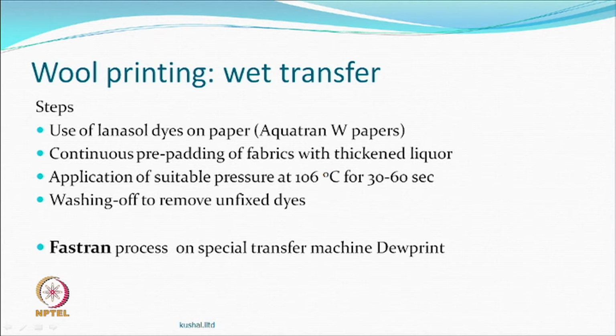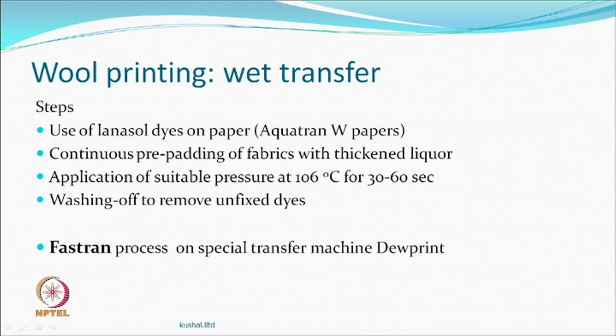The fabric obviously had to be pre-padded. So, there is liquor, some viscosity is increased, it is not very low viscosity, but still it is quite low. And this particular method did the transfer above 100 degrees centigrade, which means a bit of steam is generated, for 30 to 60 seconds, and then washing off to remove the unfixed dye.